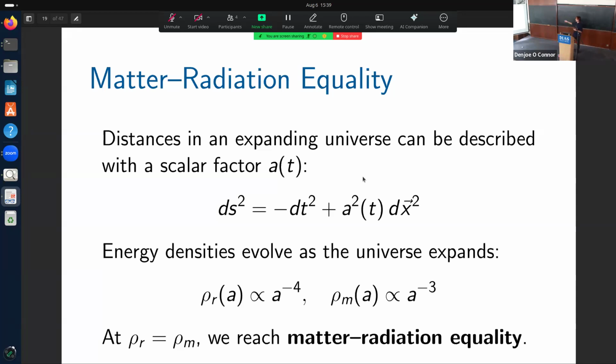If we write our metric for an expanding universe, we model distances in an expanding universe with the FLRW metric. Here we have a time component and a 3-dimensional spatial vector, and multiplying the spatial vector we have this scale factor a, which basically drives the expansion of the universe. And if we use energy conservation, we will see that the densities of radiation and matter vary differently with the scale factor.